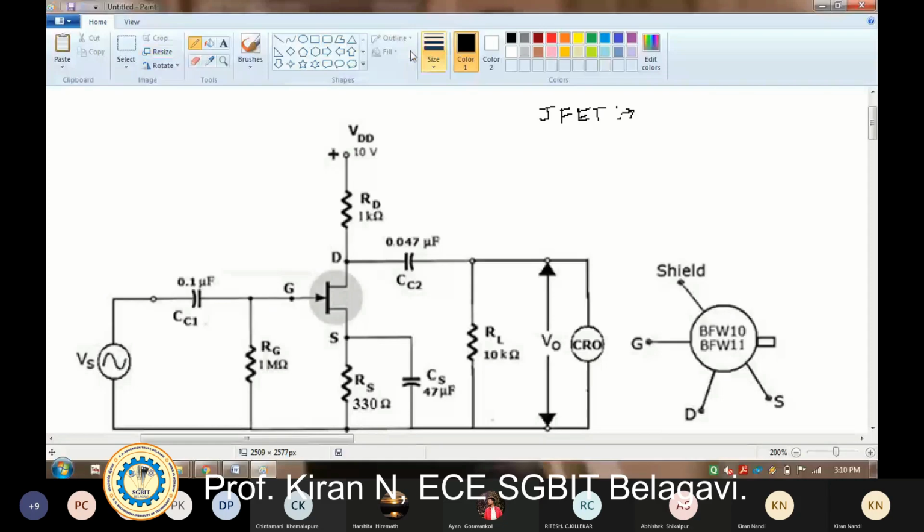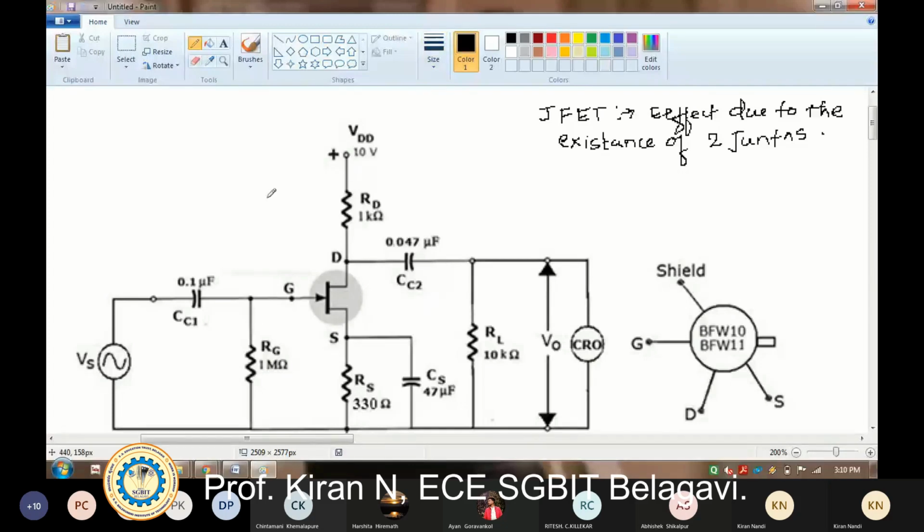It is called a junction because the effect is due to the existence of two junctions there. These junctions play a very important role in the conduction of this transistor.